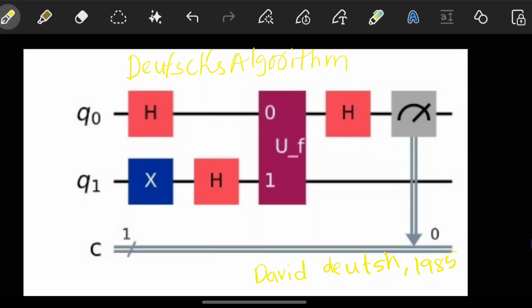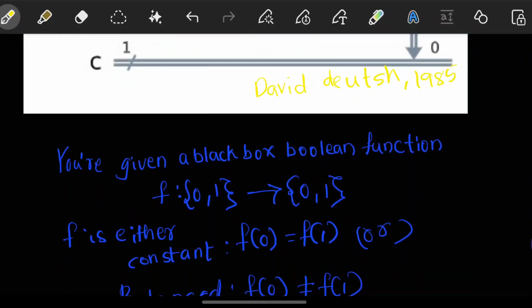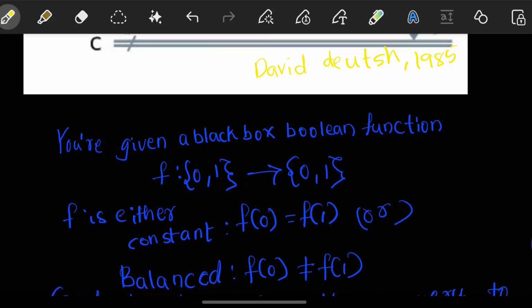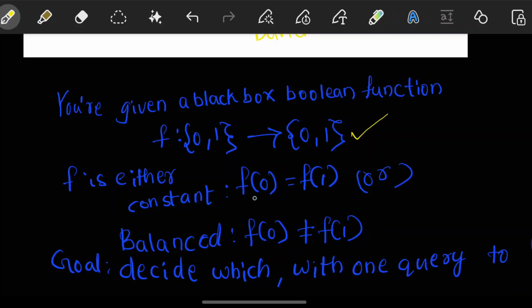You are given a function f from {0, 1}, and you have two kinds of functions: one is constant, another is balanced. To check constant, you need f(0) and f(1), and so on.